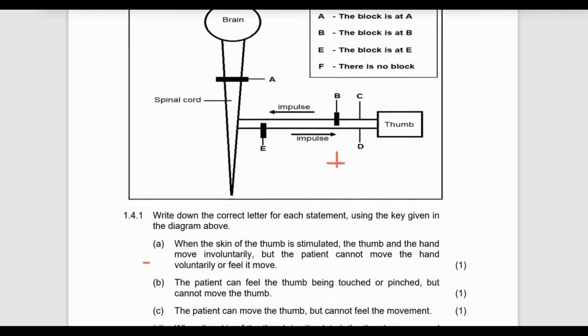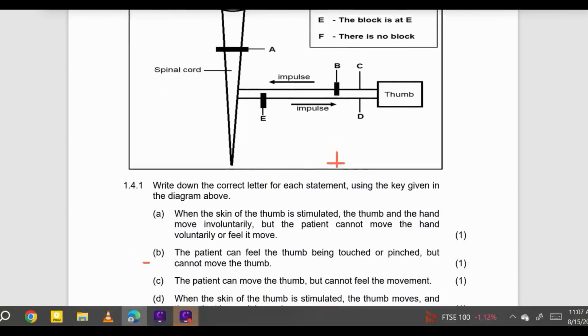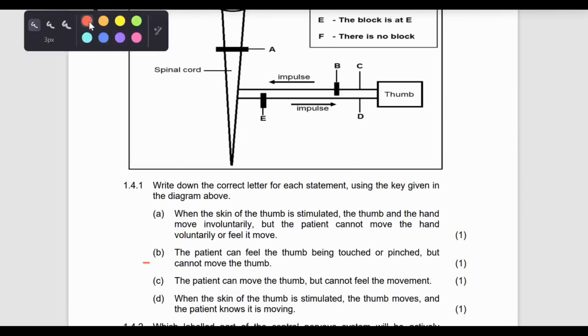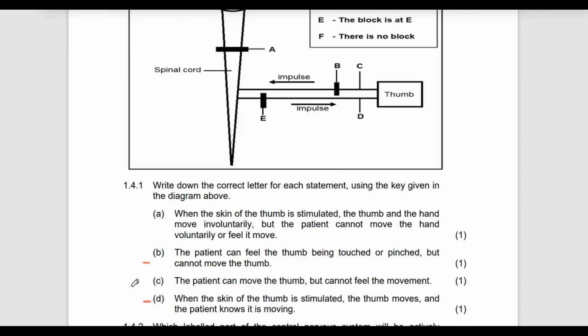I hope you get it, guys. Let's move on. So let's move to number T. Number T says when the skin of the thumb is stimulated, receiving some environmental conditions, the thumb moves.